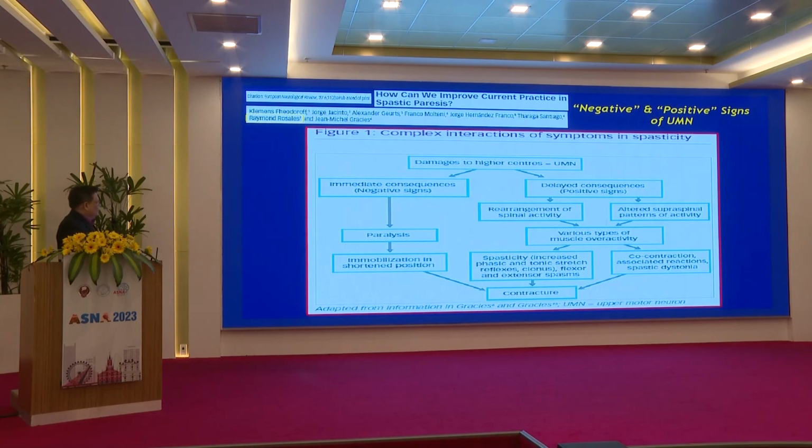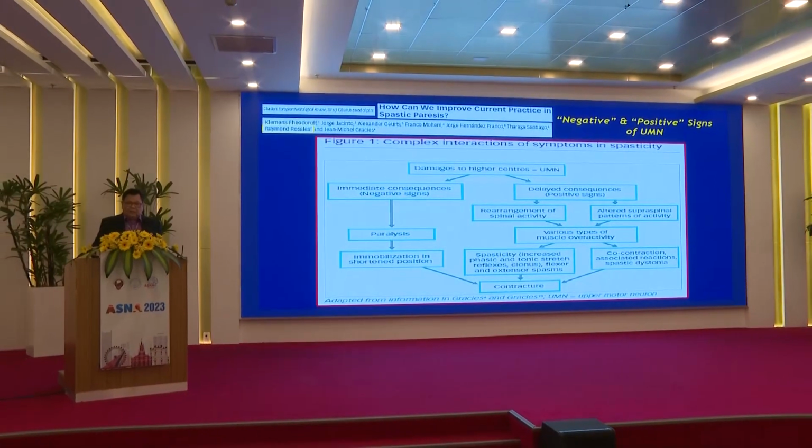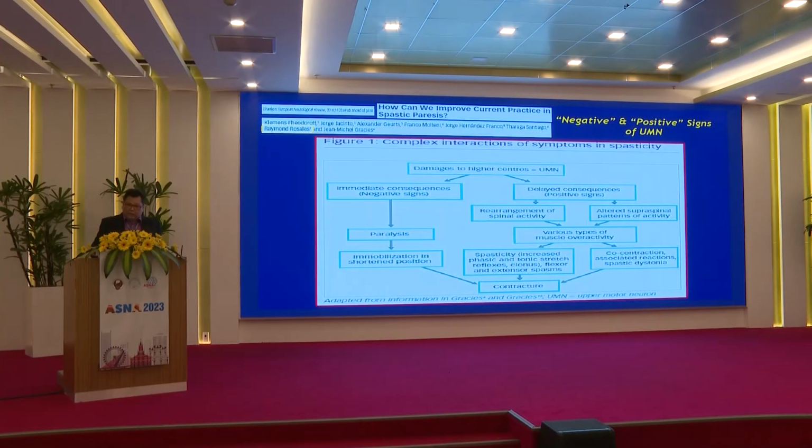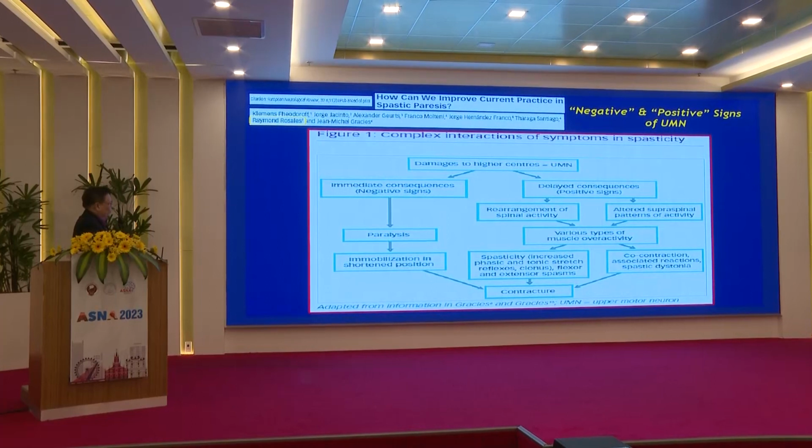So you have the immediate consequences, what we call the negative signs of spasticity, which is paralysis, which is actually making it more challenging than dystonia injection, because in spasticity, you have weakness just as well. And so therefore, this is a big point and a huge difference between spasticity management versus dystonia, and especially in regard to botulinum toxin therapy.